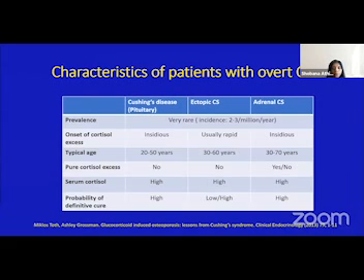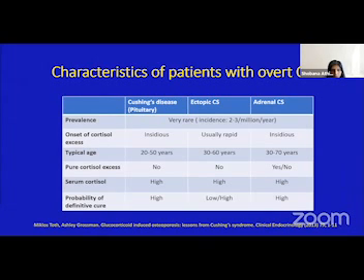When we look at the characteristics of patients with overt Cushing syndrome, it is rare, and the reported incidence is about 2 to 3 per million per year. The onset is usually rapid with ectopic Cushing syndrome, but otherwise insidious in pituitary or adrenal Cushing's.